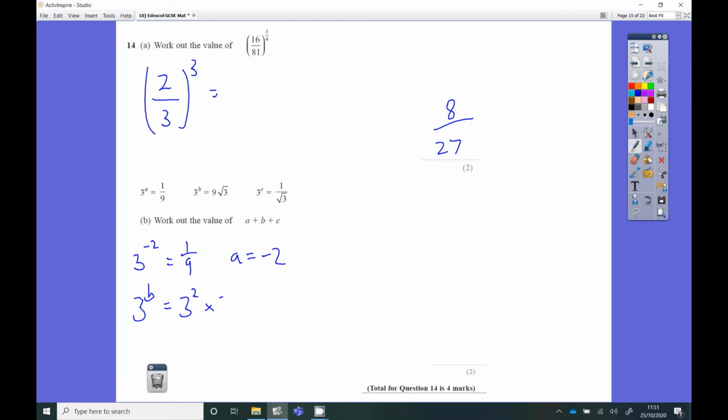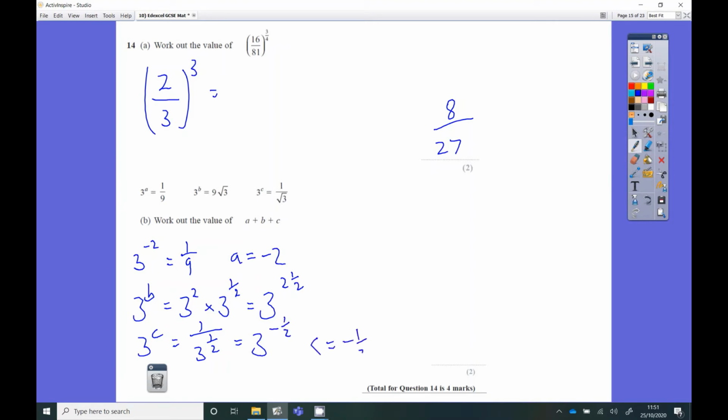Now when we multiply, we add the powers. 2 add a half is 2.5. And then for the third one, 3 to the power of C equals 1 over root 3. So that's 1 over 3 to the half. And therefore that is 3 to the power of minus a half. So C equals minus a half.